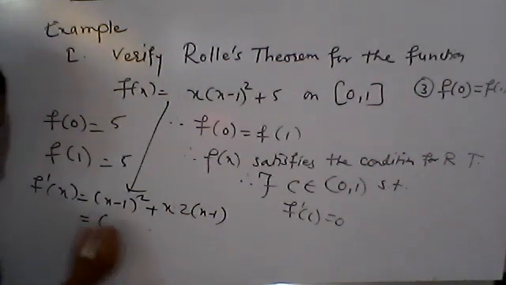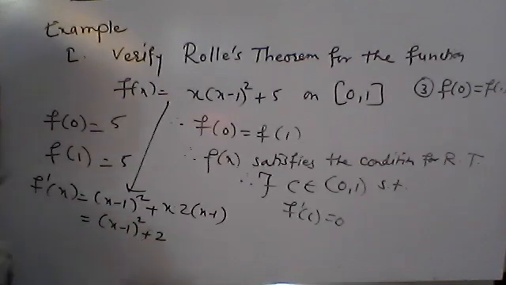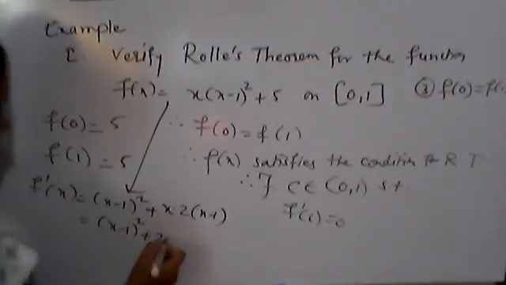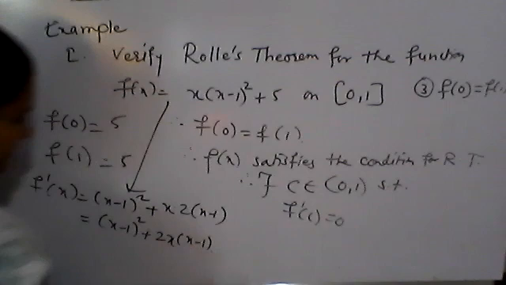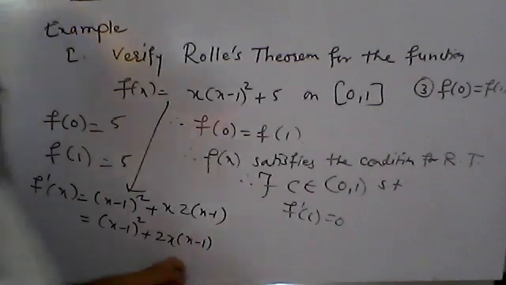Any doubt? x minus 1 whole square plus 2x into bracket x minus 1. Correct? Any doubt in this?